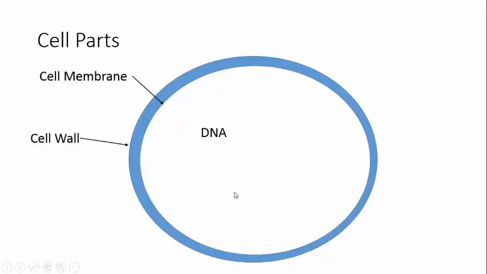Eukaryotic cells, like you, humans, animals, fungi, including yeast, have a membrane covering around the DNA, and we call that a nucleus. So we divide cells into two major groups: prokaryotes that don't have a nucleus and eukaryotes that do have a nucleus. And we've done this because we can see the nucleus under the microscope.